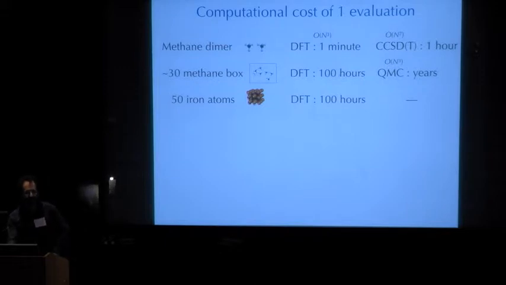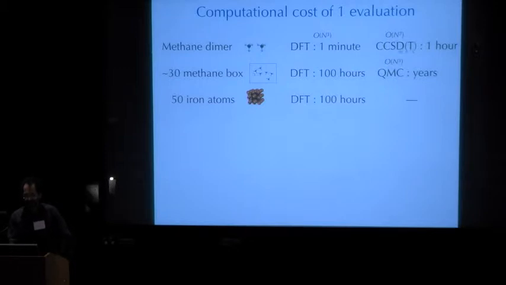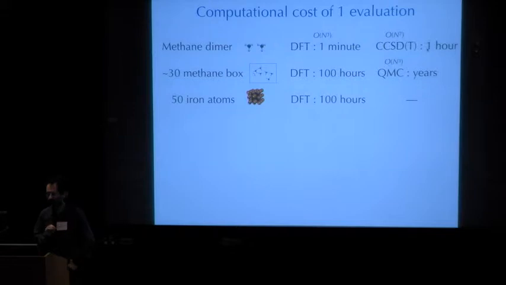And different atoms have different numbers of electrons. Actually, it scales with the number of electrons. So if you take 50 iron atoms, it's again about 100 hours for a single evaluation of that potential energy function. DFT is not good enough necessarily, and certainly for methane it isn't. So you can go beyond DFT, get a better approximation of the Schrödinger equation, something called coupled cluster theory from quantum chemistry, and it will take you 1 hour to get the potential energy of 2 methanes.